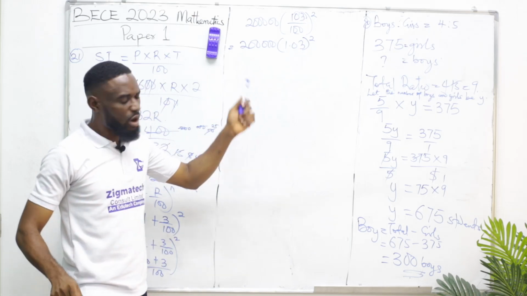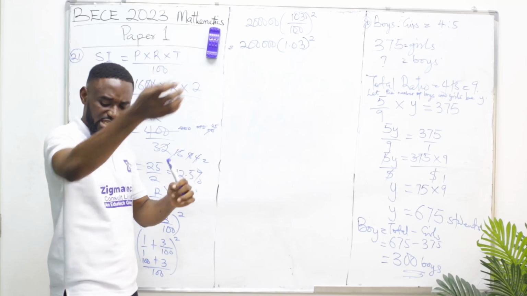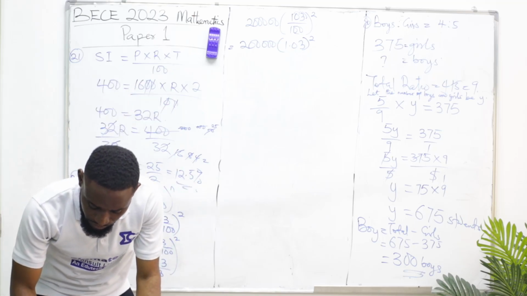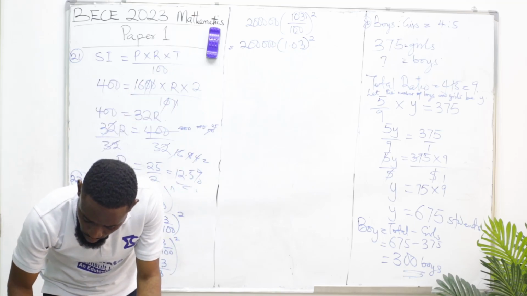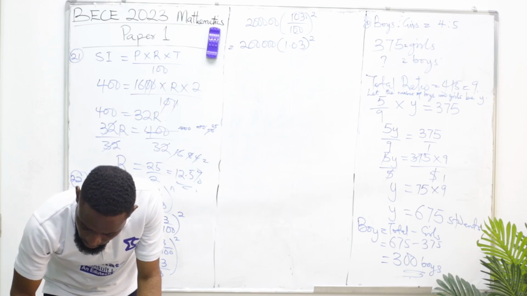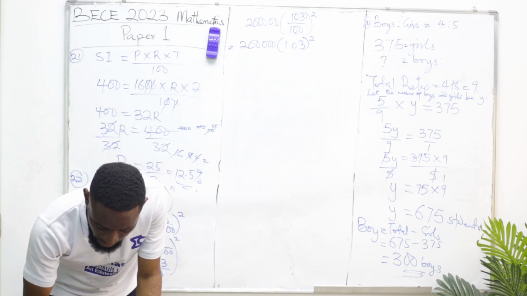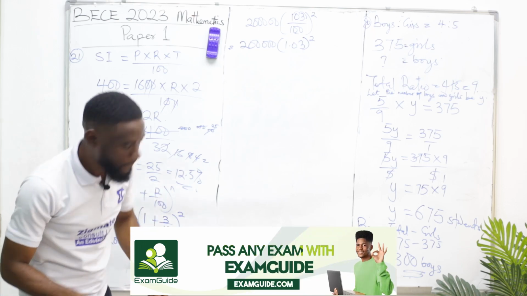So we look at 1.03 raised to power 2 as 1.03 times 1.03.